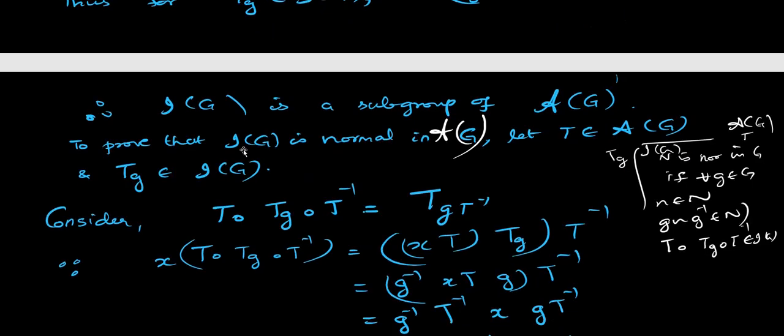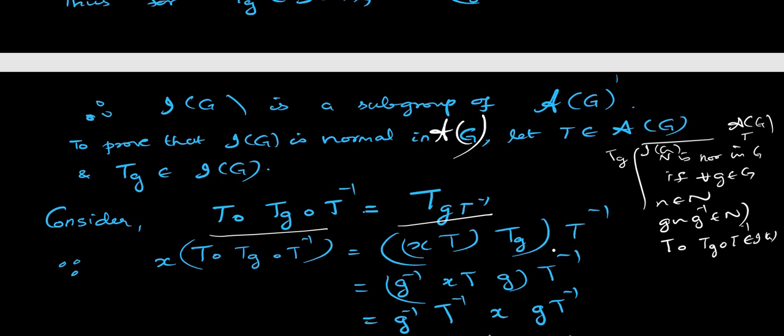For that we will establish that this is nothing but T suffix (g T inverse), the image of g under T inverse. If you are able to prove this, then this being a member of script I(G), what is required can be achieved.